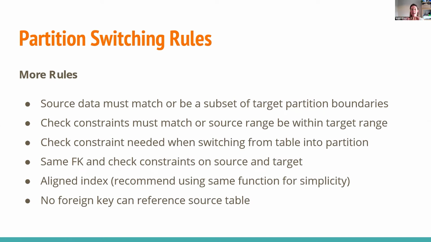So this is where the left and the right range is going to come into play when you're automating this, which is greater than or equal to, which is less than or equal to, greater than, less than. Your source data has to fall within that target partition. It cannot be greater than the boundaries and hit 2 or more partitions, or it's going to fail. So you switch into a partition at a time. You don't switch into a range of partitions in one operation.